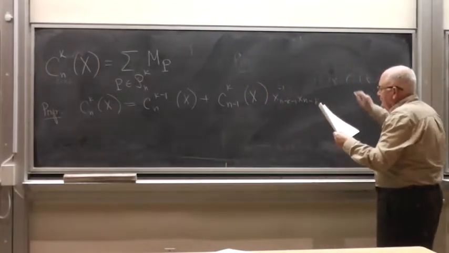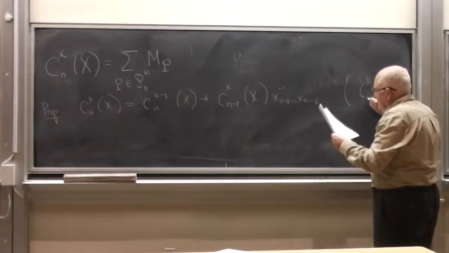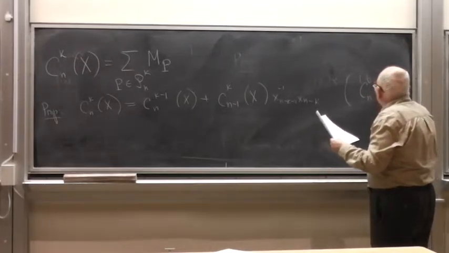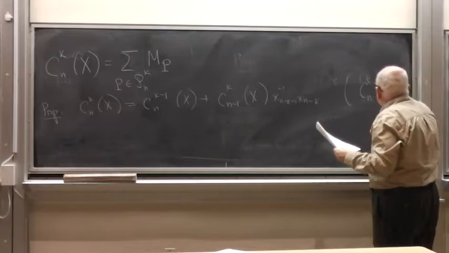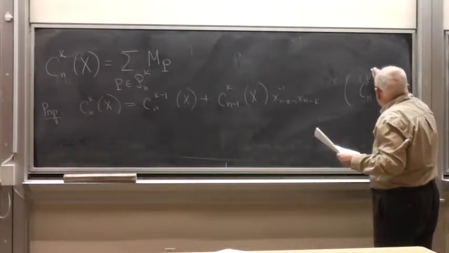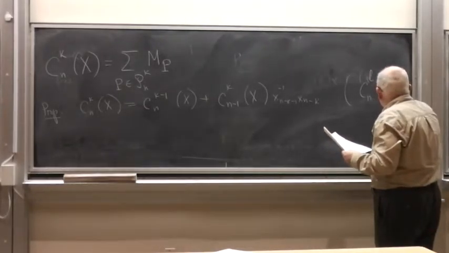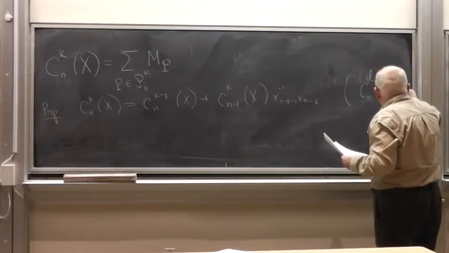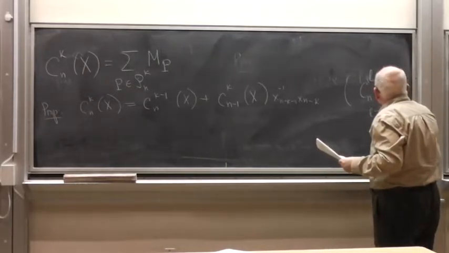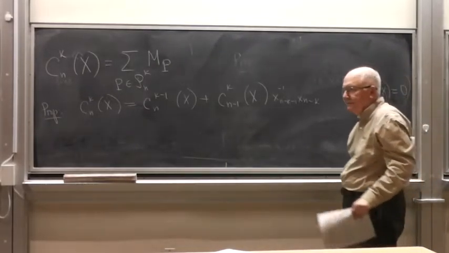And so here, of course, I require that C and L of X is 0 and L is greater than N. So it's like this.